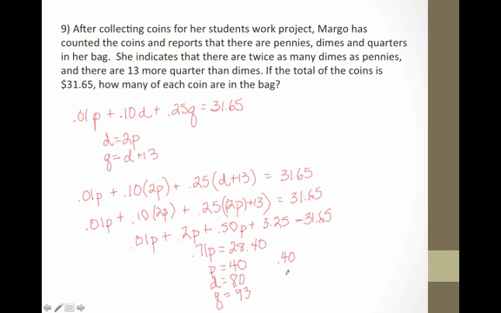I've got 40 cents worth of pennies, I've got $8 worth of dimes, and 93 quarters is $23.25. And in fact, that gives me $31.65.